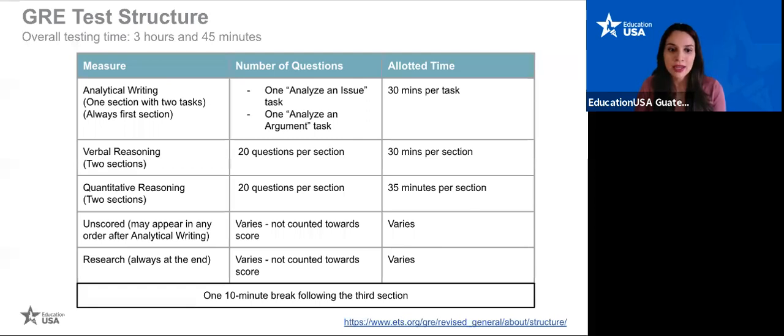All right, so you may find either an unscored or a research section that won't count towards your score, but that you should respond to anyway. You will have a 10-minute break throughout this whole test that will come after the 3rd section that you do. So this is why it is very important for you to become familiar with the platform and become familiar with the test so that you can know how you react to certain sections, and optimize your time in response, okay?